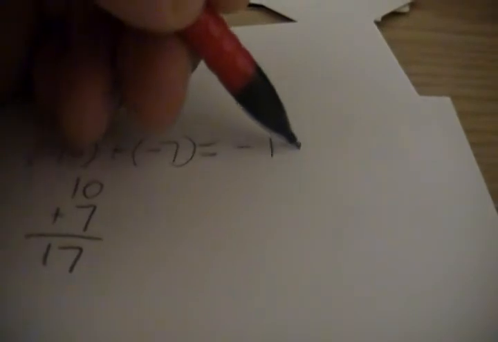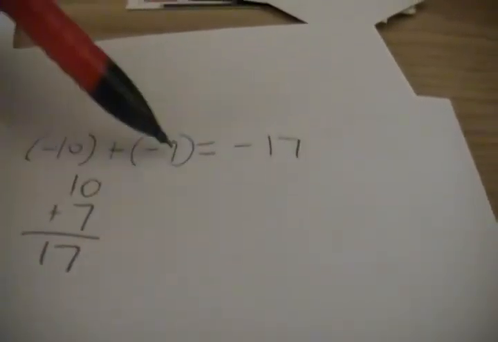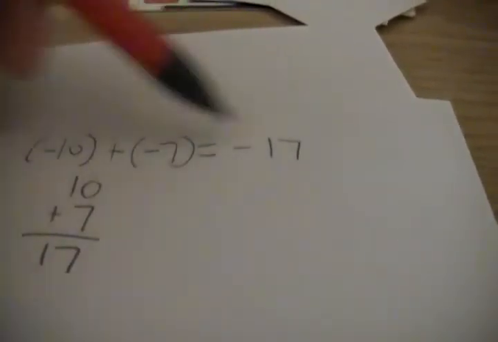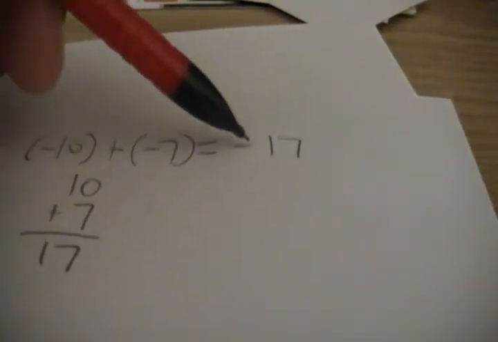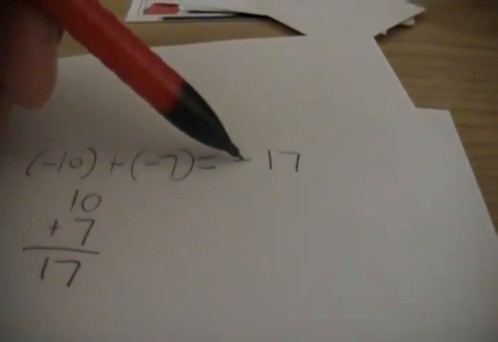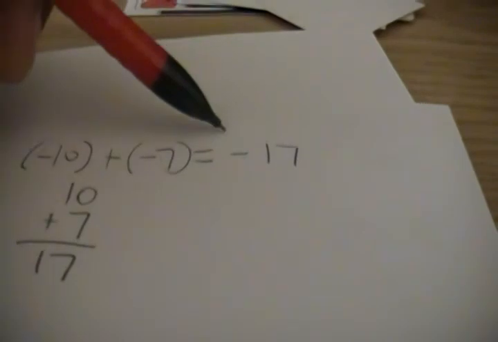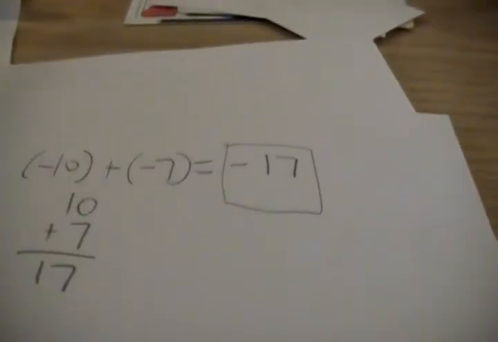So 10 plus 7 is equal to 17. So when you add these two negative integers, you get negative 17. Because all you do is you add the numbers, which is 17, and bring the negative in front of that number 17. So the final answer is negative 17.